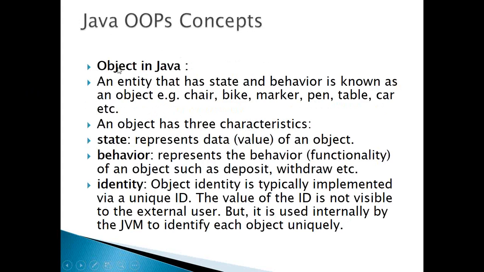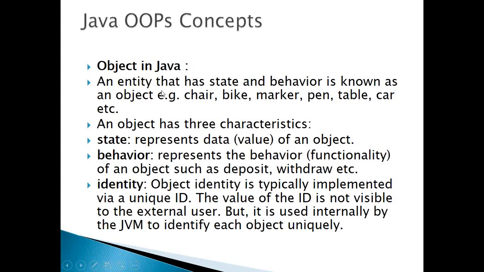If you want to give a good definition, an entity that has state and behavior is called an object. Now, I said entity, so what is an entity? An entity can be anything, living or non-living.